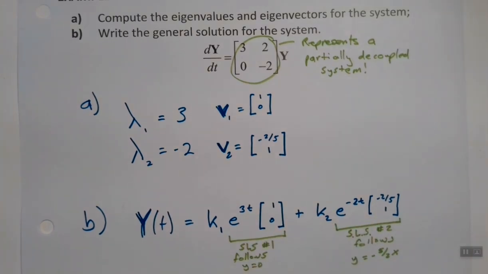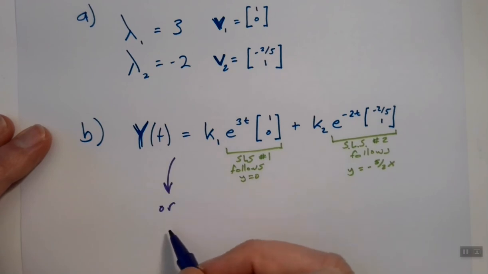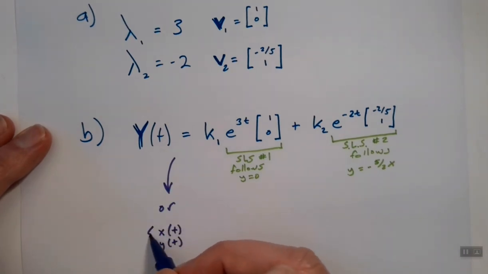And of course that means we could also rewrite this as an x of t, y of t pair of parametrics.